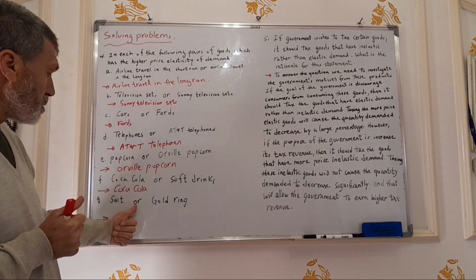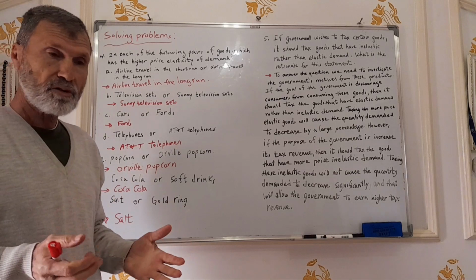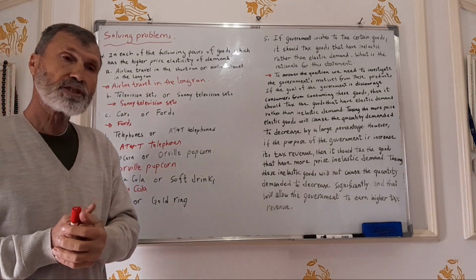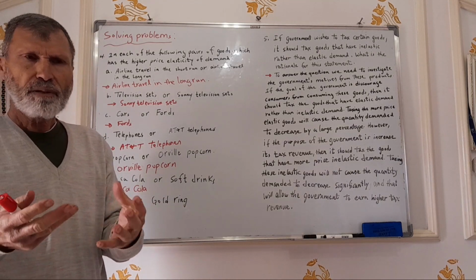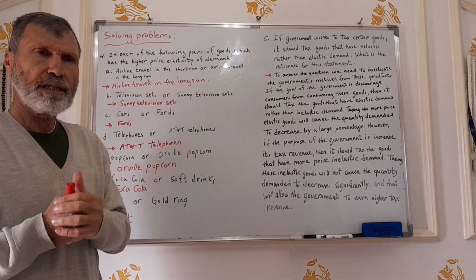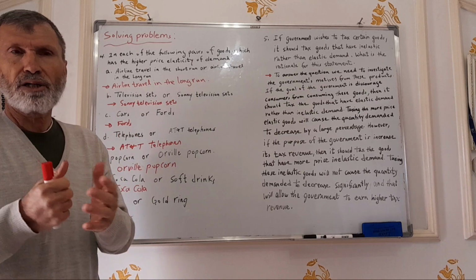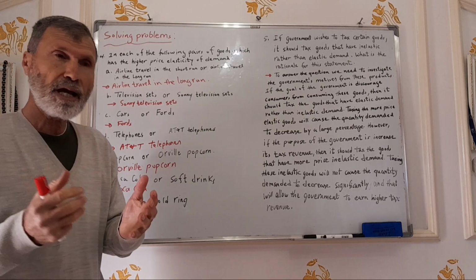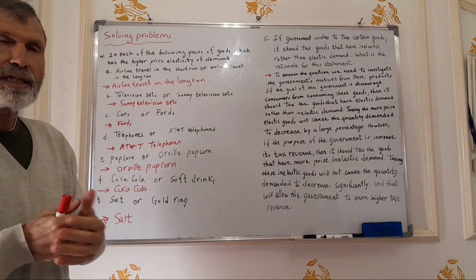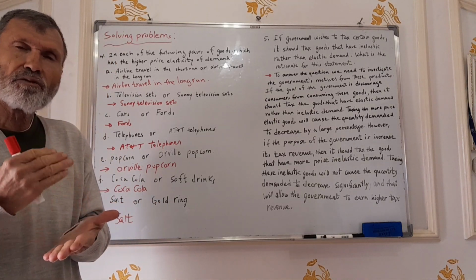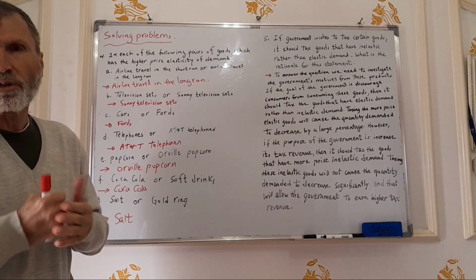What about salt or a gold ring? Remember when we talked about the determinants of price elasticity of demand, we said that one of the determinants is the percentage of one's budget spent on a good.